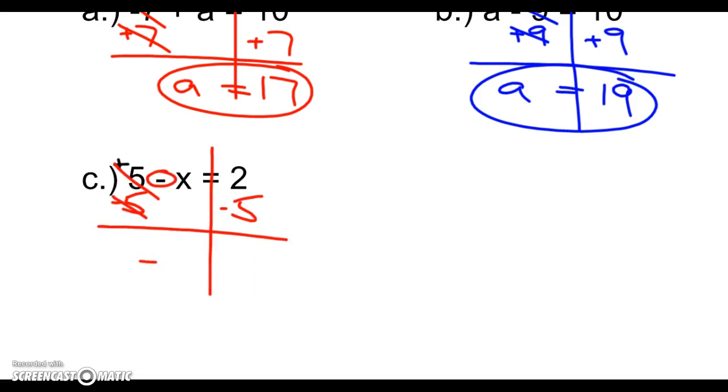I'm left with negative x, though. And then 2 minus 5, I get negative 3. So if negative x equals negative 3, positive x, which is what we want, we don't want negative x, equals positive 3.